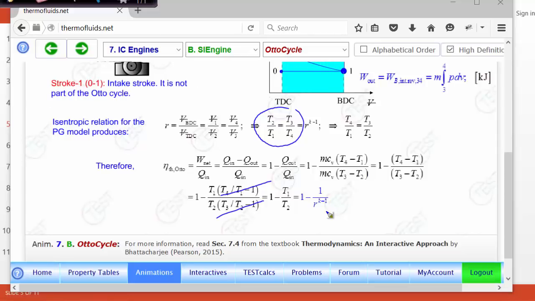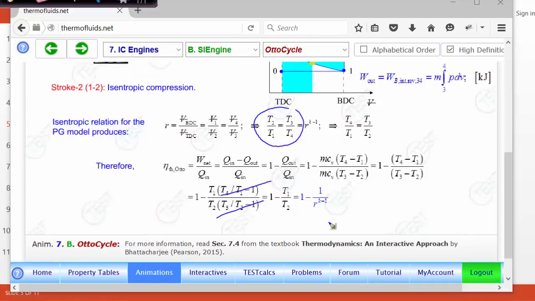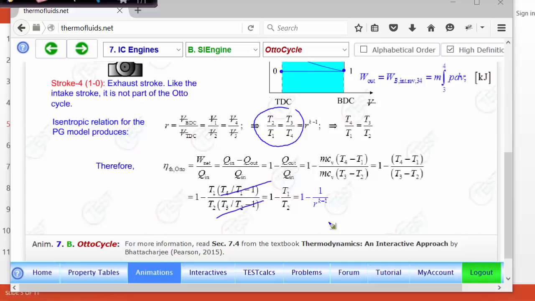And we'll see that it will become almost obvious why, as the formula says, if the compression ratio is increased, cycle efficiency must increase. We'll see why it makes sense once we understand the TS diagram and its significance. But we'll do that after we solve a problem.